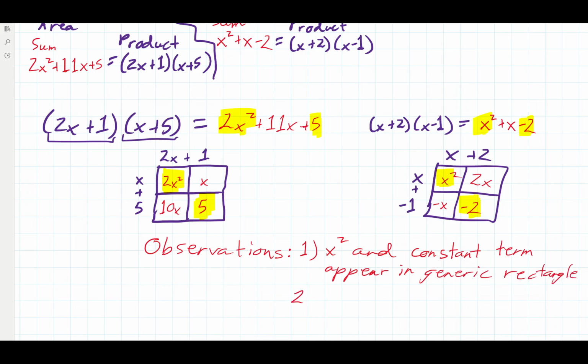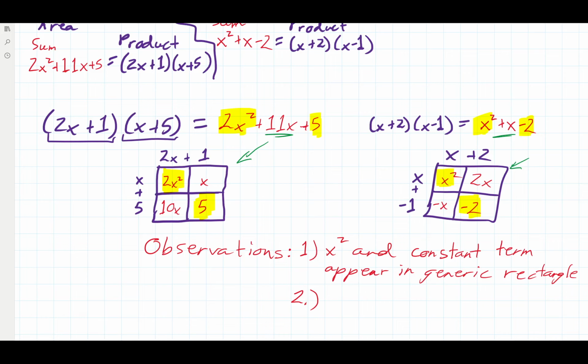My second observation is not as obvious. Okay, but just bear with me. Notice the middle term here, this piece right here, you don't see it directly in the rectangle. You don't quite see it, right? Because I don't see 11x, I see 10x and an x. I don't see positive 1x over here, I just see 2x and negative 1.